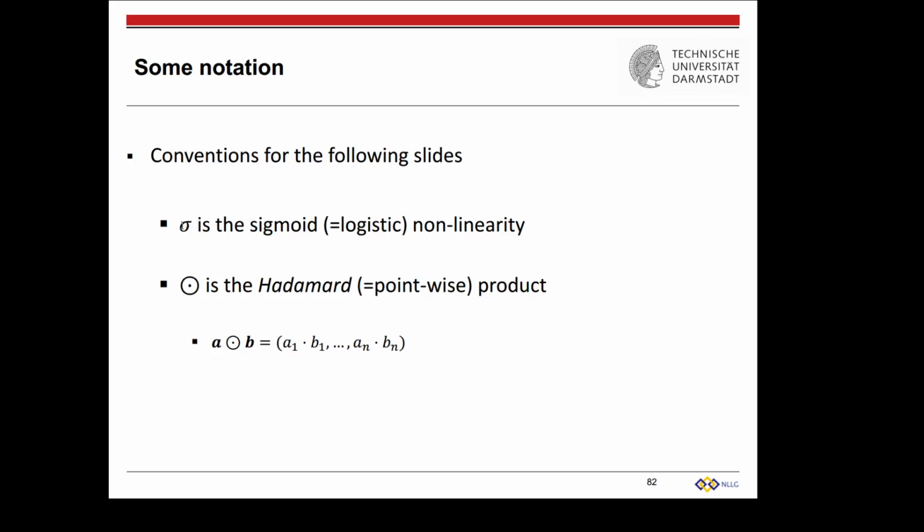We need the sigmoid activation function, and this is really this logistic nonlinearity that takes values between 0 and 1. And why is it this one? Because we have our gates, and we can conceive of these gates as being open or closed. Open is 0, closed is 1, or vice versa, depending on how you want to see that.